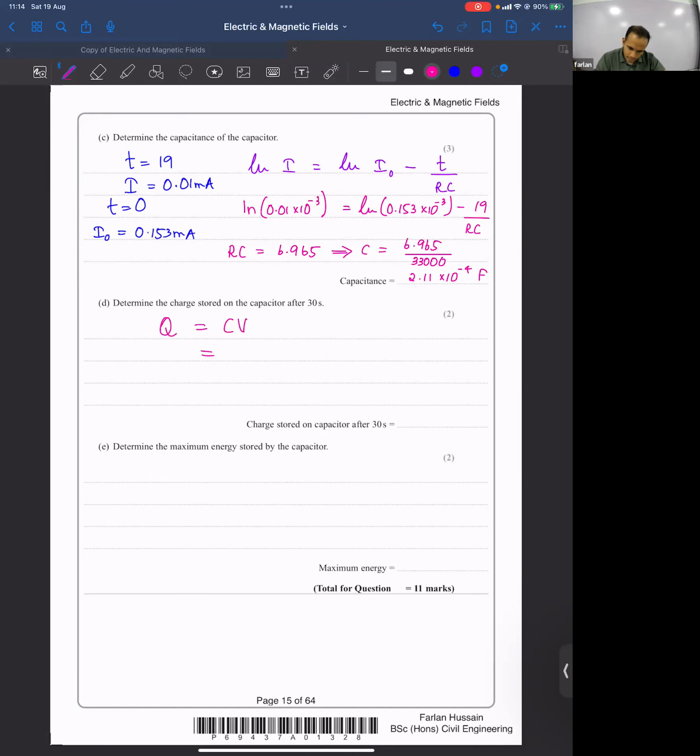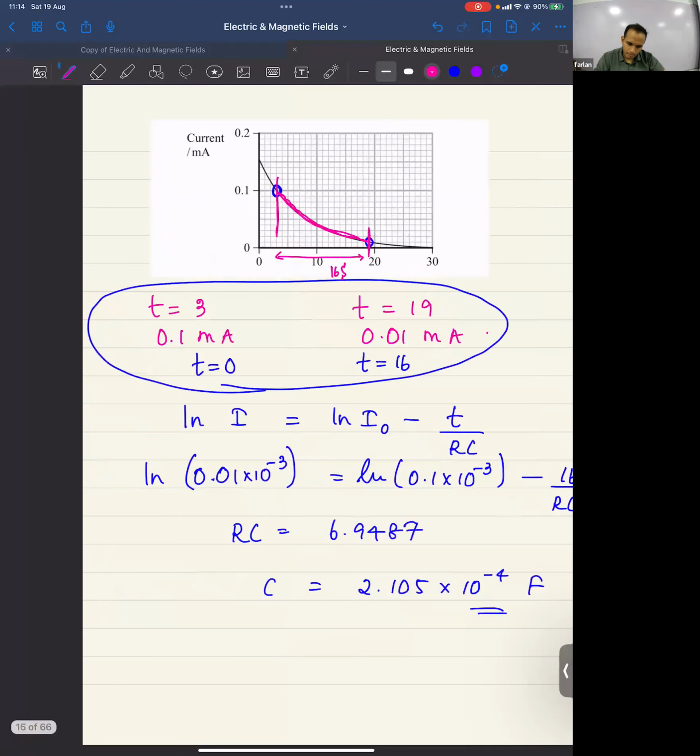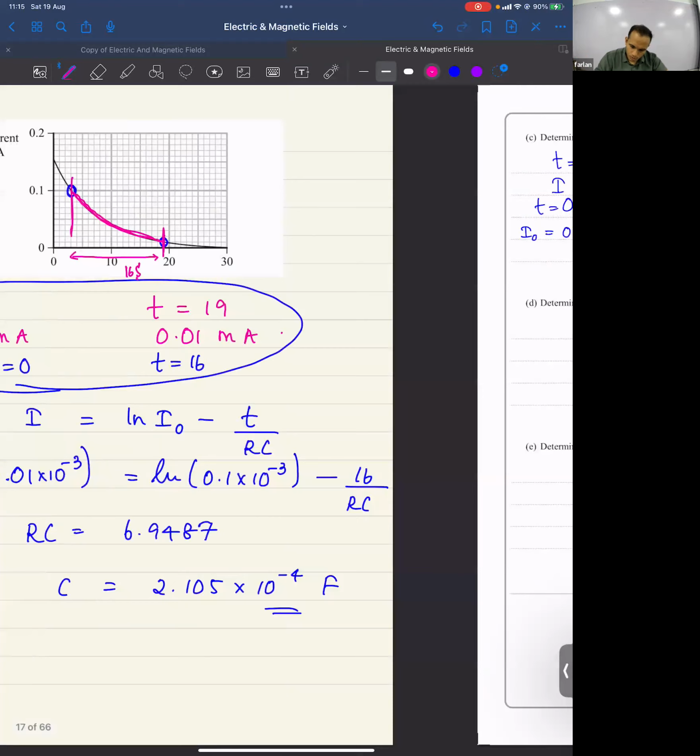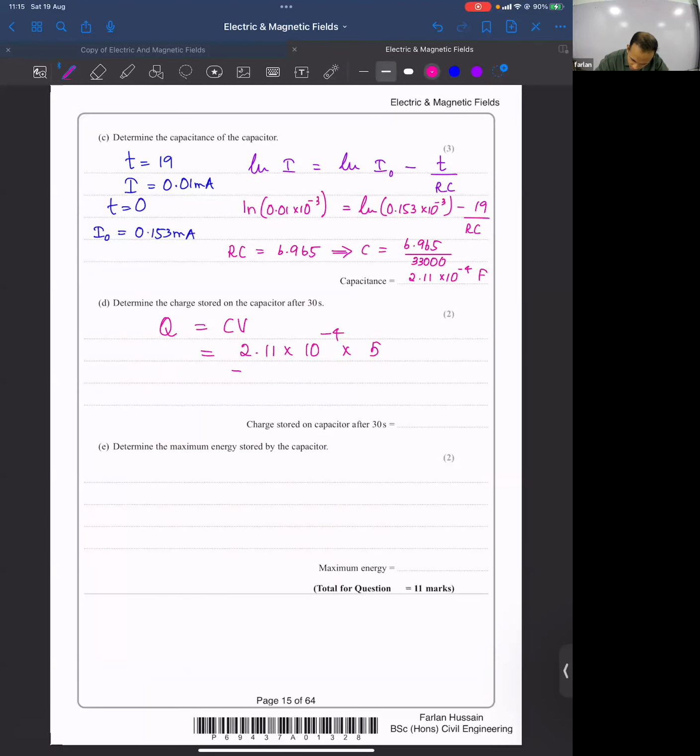Capacitance is how much? 2.11 into 10 to the power minus 4. And the voltage supplied by the battery is 5 volts. So that will be the voltage across the capacitor when it is fully charged.